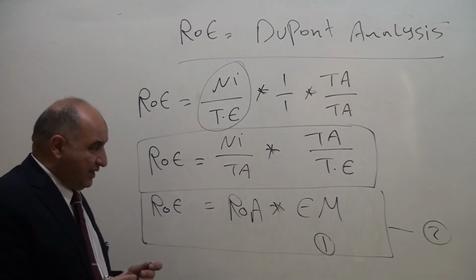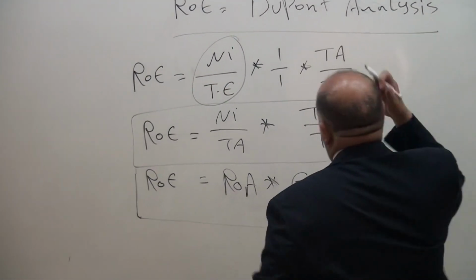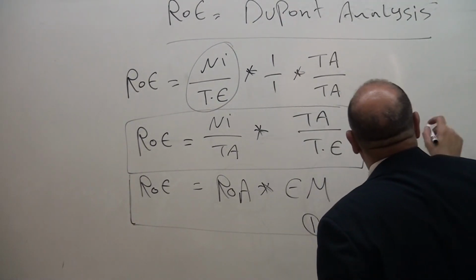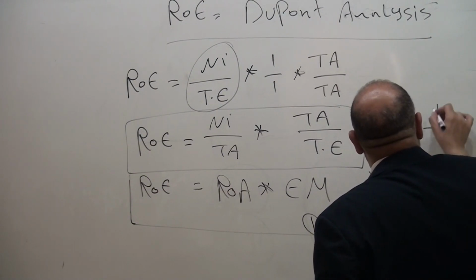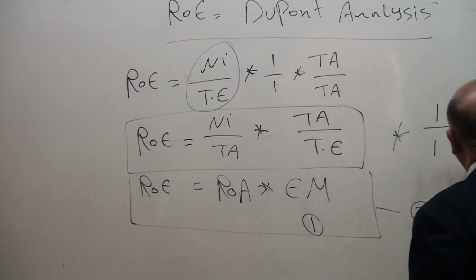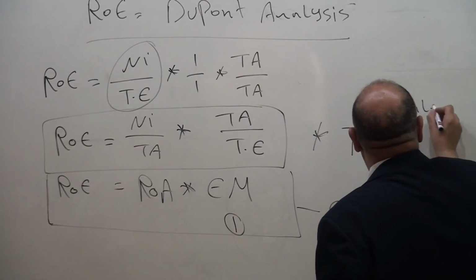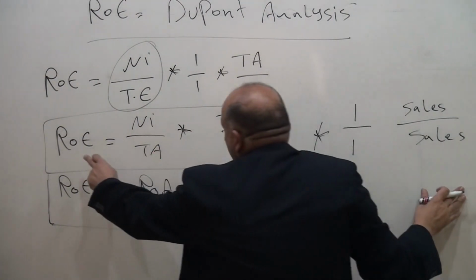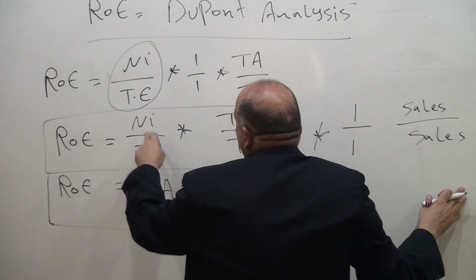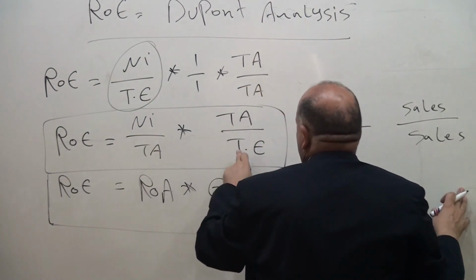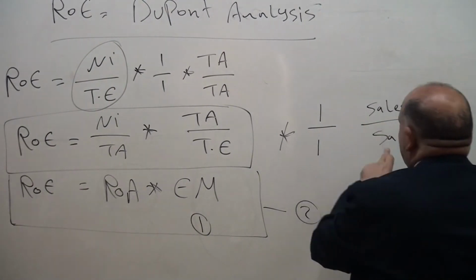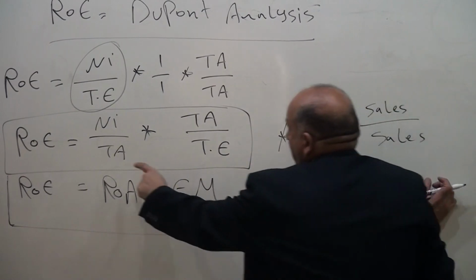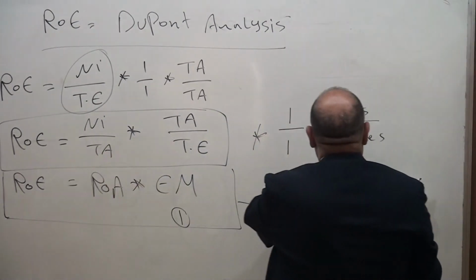From Dupont analysis, he also continued his mathematical analysis by multiplying this ratio by 1 over 1. And 1 over 1 in this case will be sales divided by sales. So the whole picture is that ROE equals return on assets multiplied by equity multiplier multiplied by sales divided by sales.